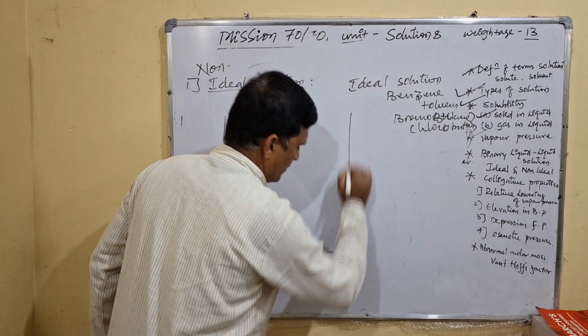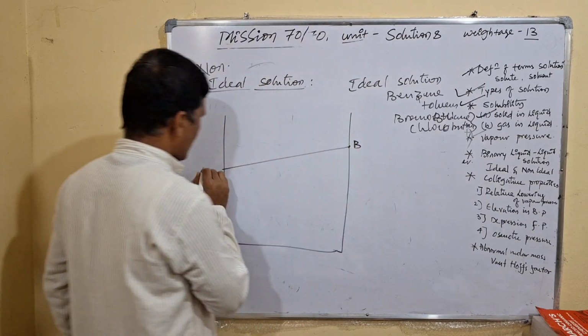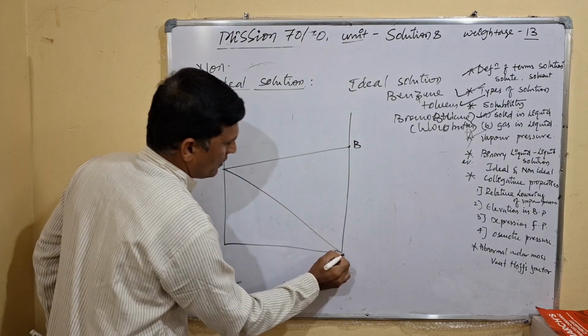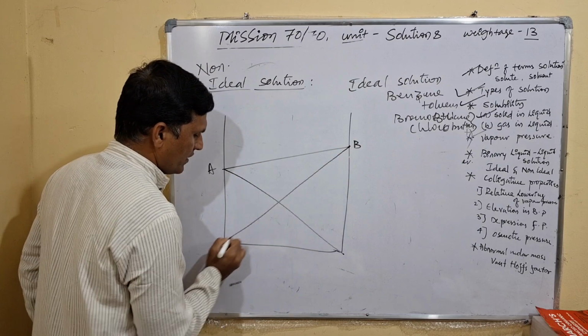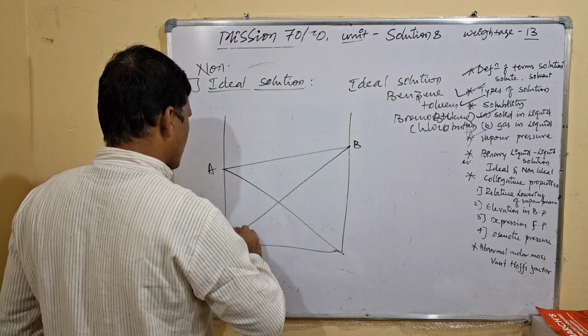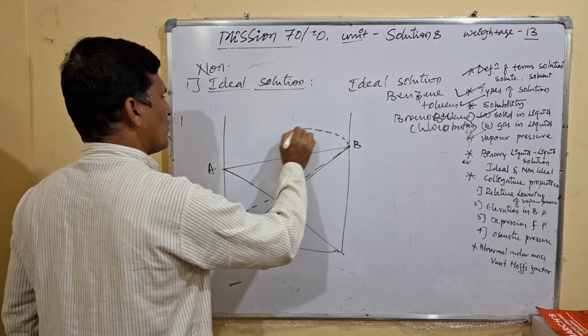Okay, so for any two liquids B and A binary mixture if you take, so this is what we expect if it is ideally behaving, right? Then if it shows positive deviation, okay, so then what happens?